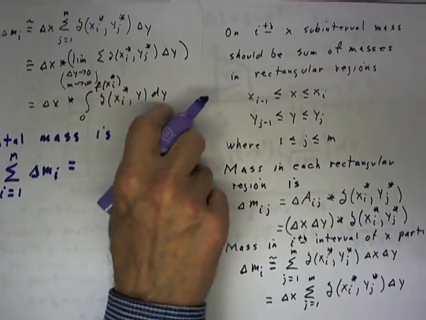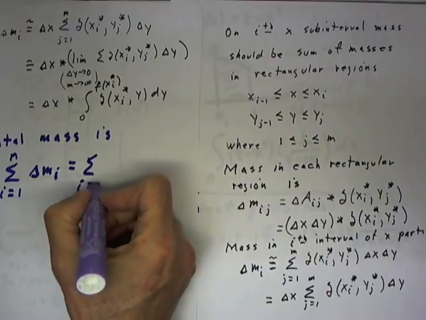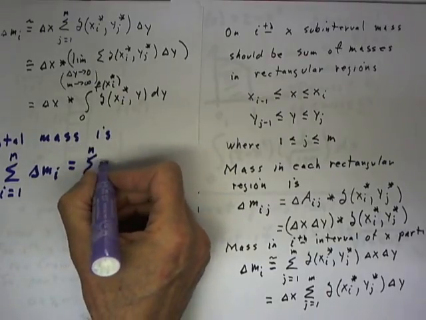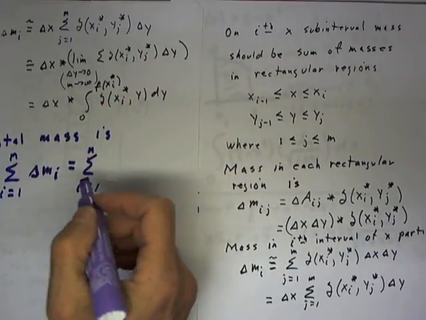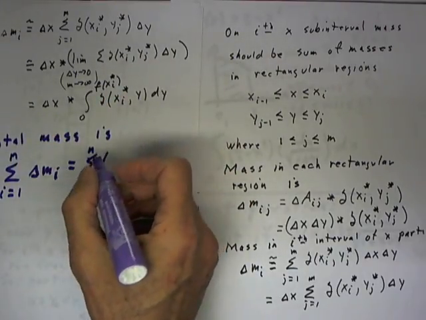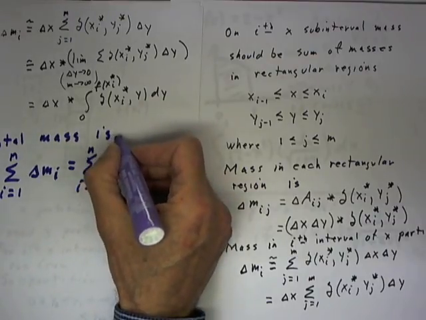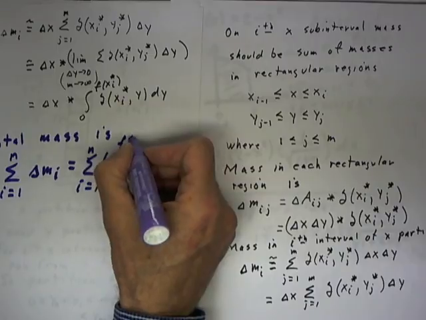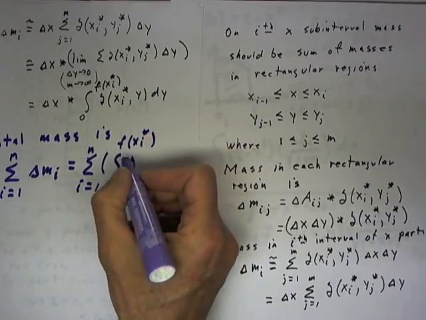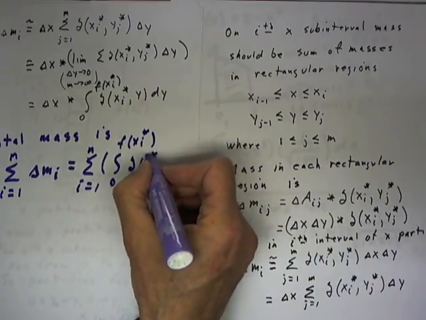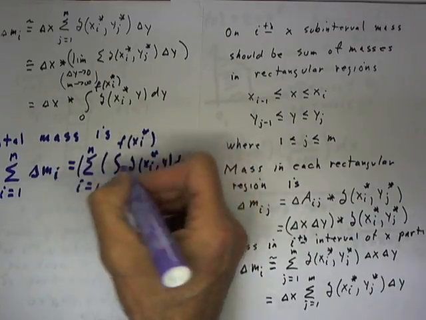Delta m sub i is this expression, so our total mass is the sum from i equals 1 to n of, I'm going to reverse the order, I'm going to put the delta x after the integral, but I'm going to put parentheses around my integral. Okay, so I have the integral from 0 to f of x sub i star of the density at x sub i star, y dy. Running out of room here.